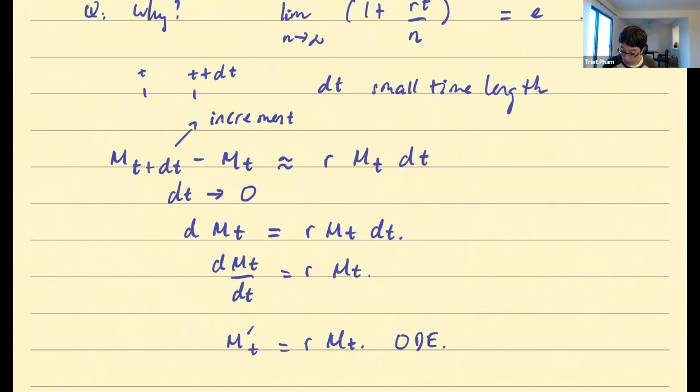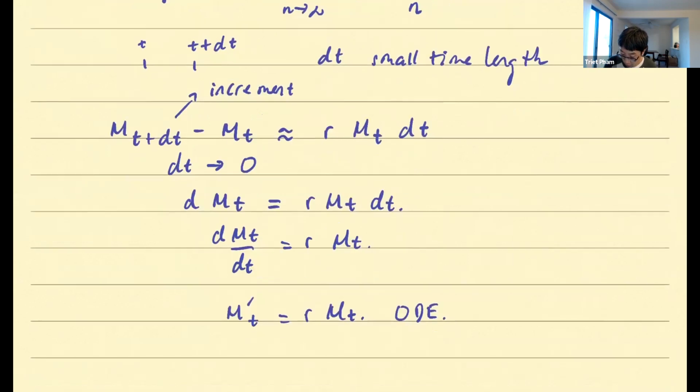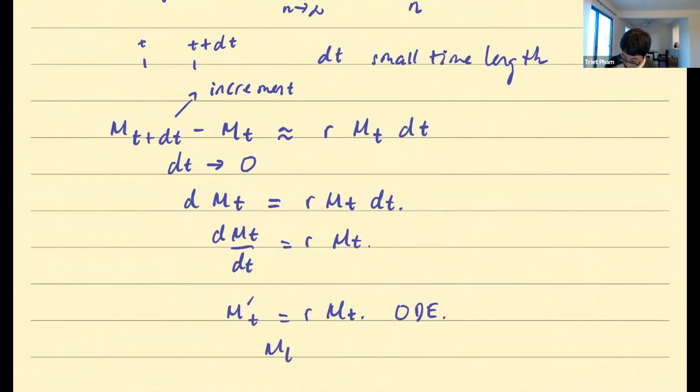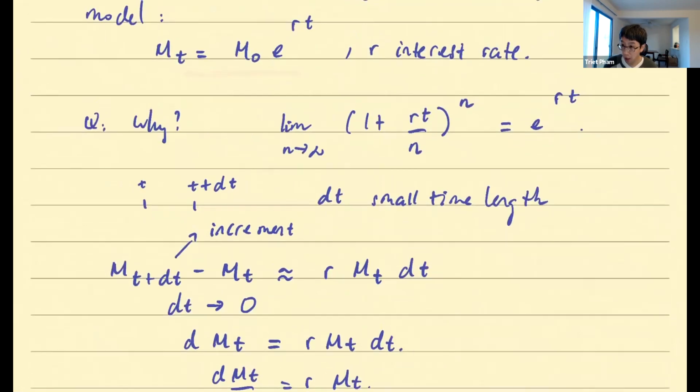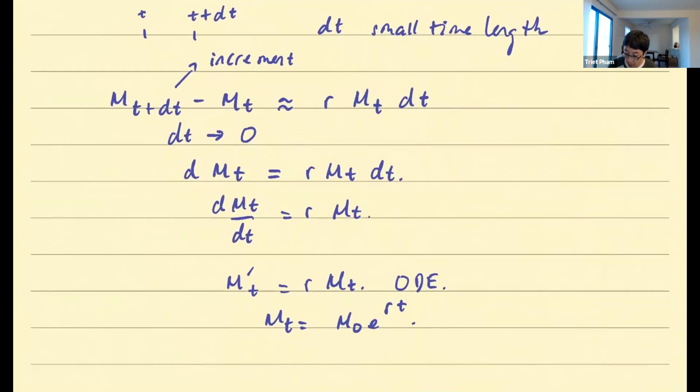The whole point of you knowing ODEs is that once you have this equation, you know immediately that the solution will be exactly the one that we wrote right there. What we say is that this process of breaking time down into increments and analyzing the increment like this is called the dynamics of the process.